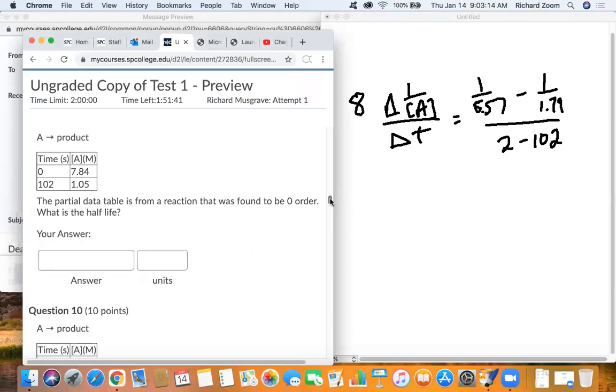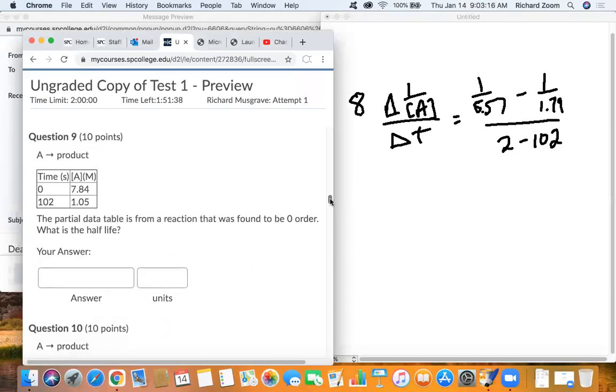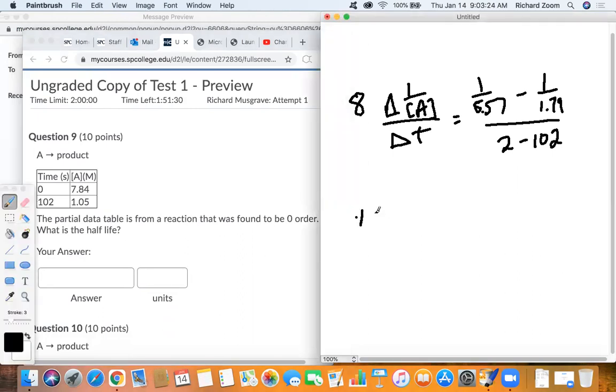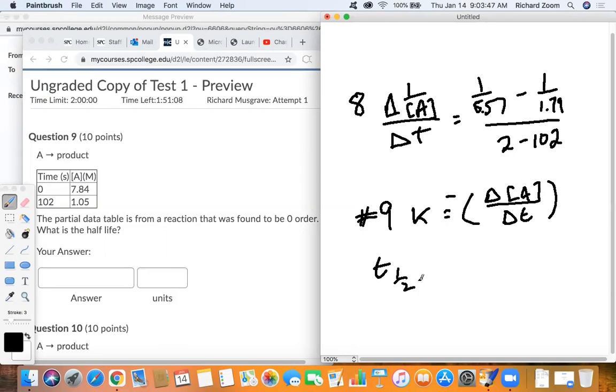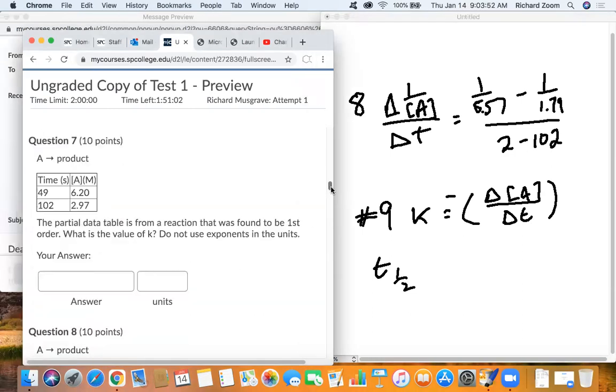So the next thing is the half-life. We're told here it's zero order. So what you would do for number 9 is a two-step process. You would find K, which will be effectively the negative of the change in A over the change in time. And then you would calculate the half-life, and let's look at the equation here. You're actually given it.